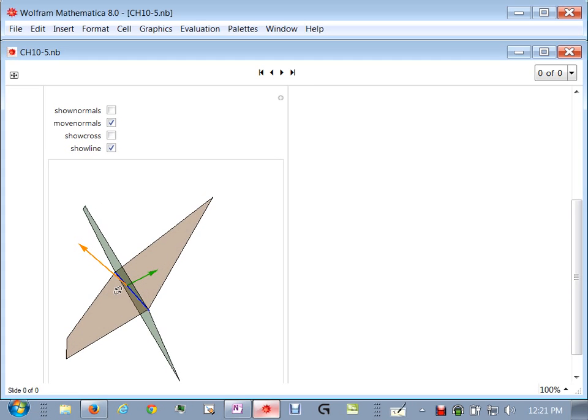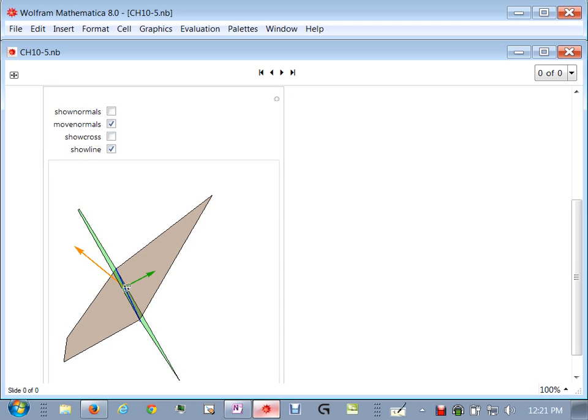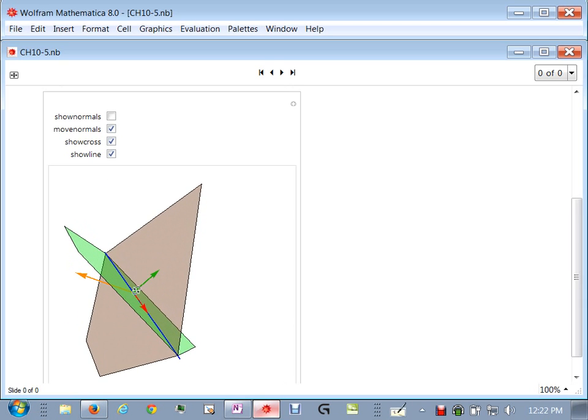But check this out. If I cross these two vectors, what's it going to give me? A vector orthogonal to both, right? Does it make sense to you that their cross product would have to live on that line?